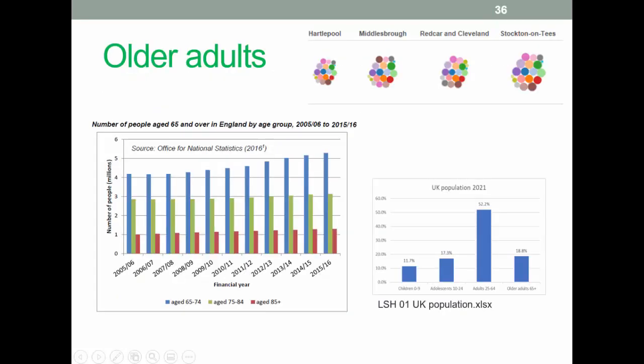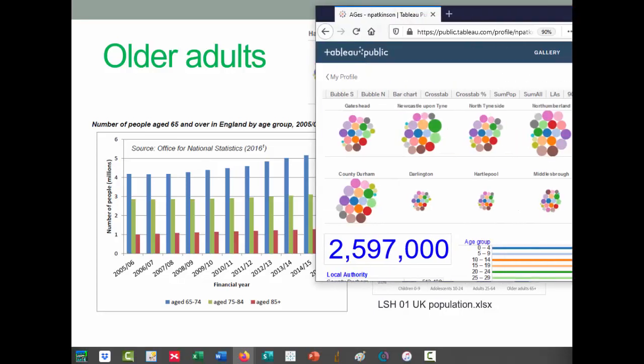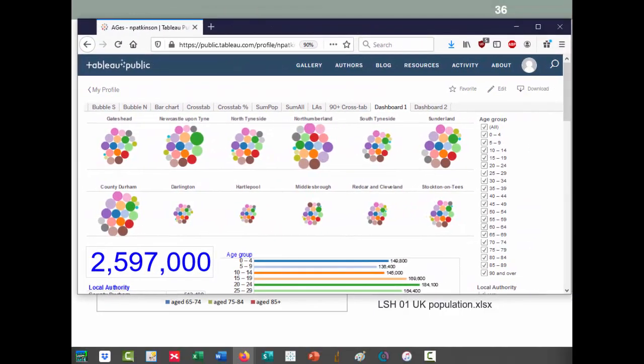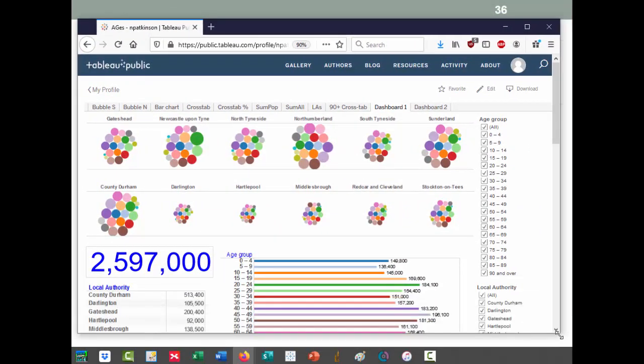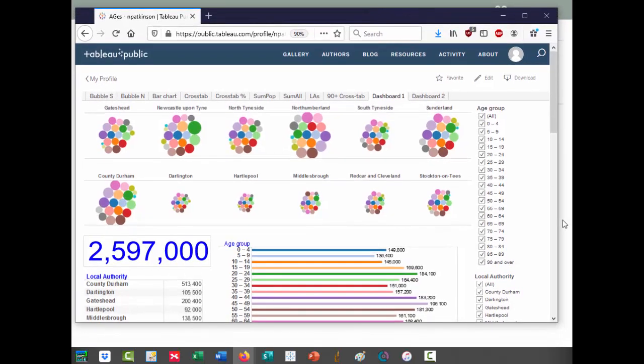Okay, so older adults. The little image at the top is from a visualisation I put together about age distribution in the northeast. It's based on the last census, which is now nearly 10 years old. I'll probably update it when we get the new census. But the trends won't change that much.